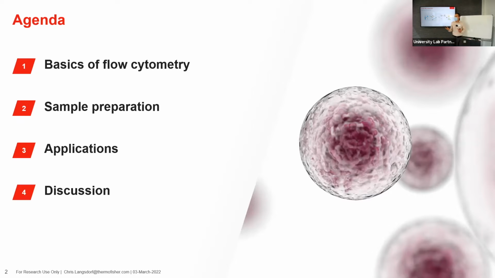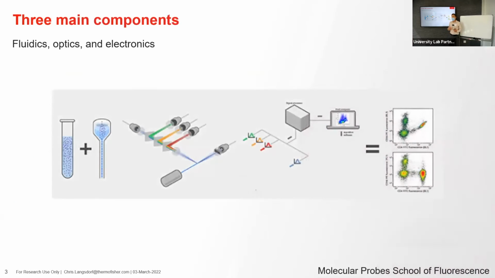And because our cells are labeled with different colors of fluorescent dyes like RPE or FITC, various dyes that show up different colors, when we shine light on those cells, different colors of light are given off. And then using a detection system, we can detect the light given off of every individual cell across the spectrum of possible colors. And then finally, an electronic system takes those tiny pulses of light given off of every cell, amplifies them, and makes sense of it all in a way that makes sense to us in terms of data.